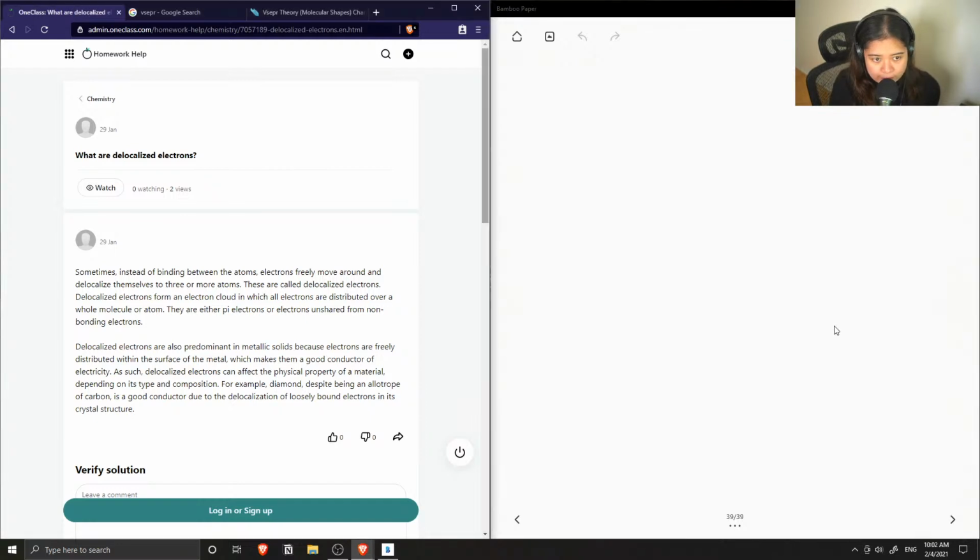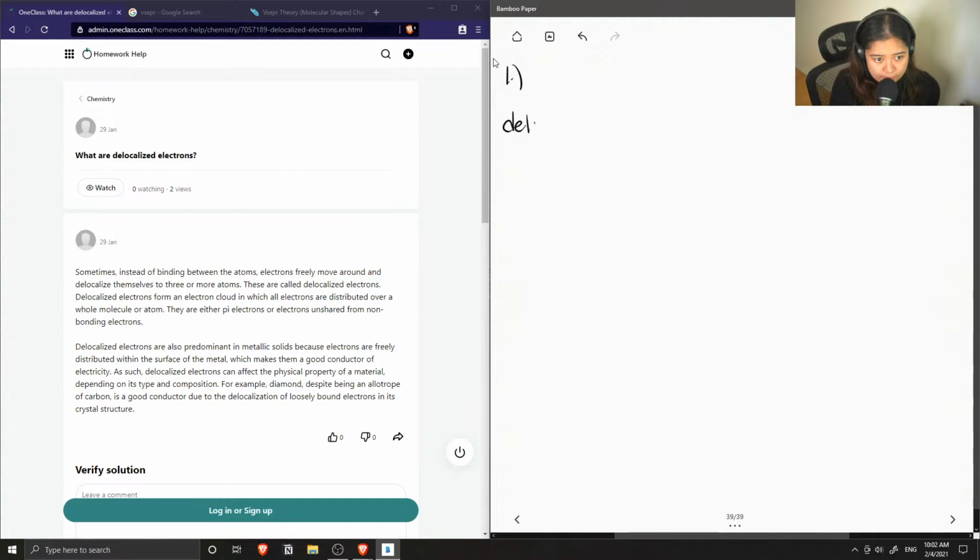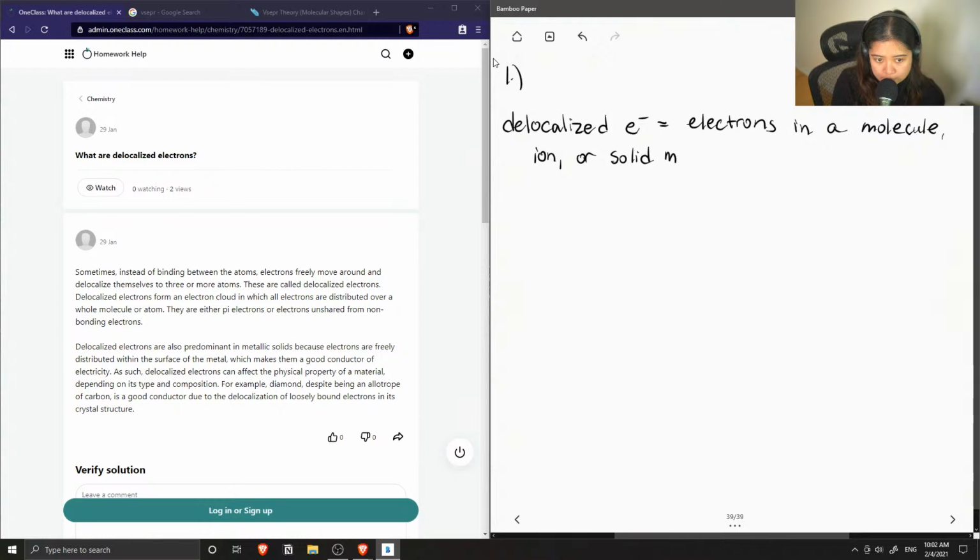Okay, so delocalized electrons are electrons in a molecule or ion or solid metal that are not associated with a single atom or covalent bond.